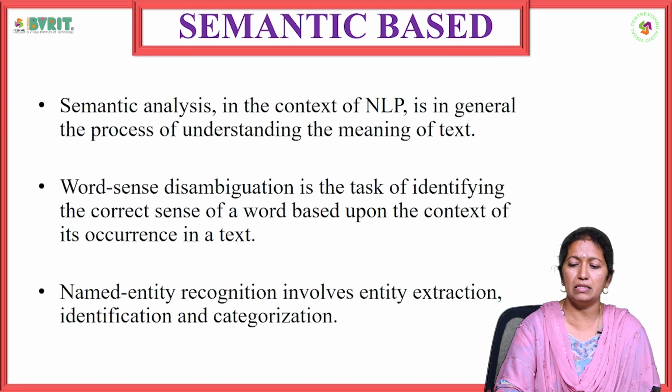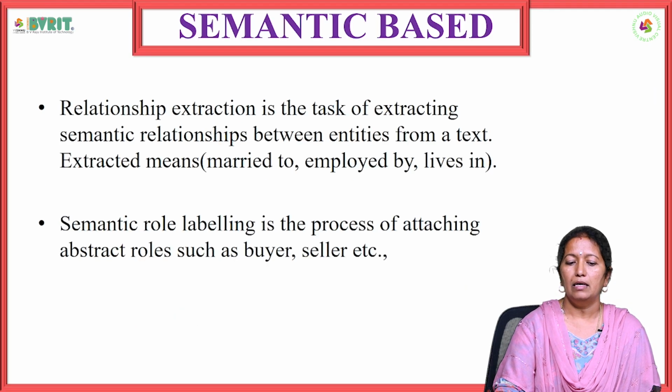Now in the semantic based, it's the meaning of the text where we'll have the word sense disambiguation. It is the task of identifying the correct sense and the correct occurrence in a text, whatever may be the narration we are going to frame. Now this named entity recognition involves entity extraction, identification as well as categorization. This relationship extraction helps us find the relationship between the entities.